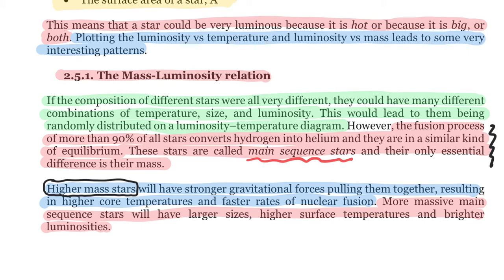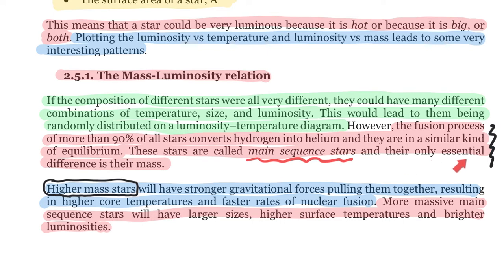However, though, the fusion process of more than 90% of all stars converts hydrogen into helium. And so they are in a similar kind of equilibrium. Now, these stars that convert hydrogen into helium as their main source of energy are called main sequence stars.